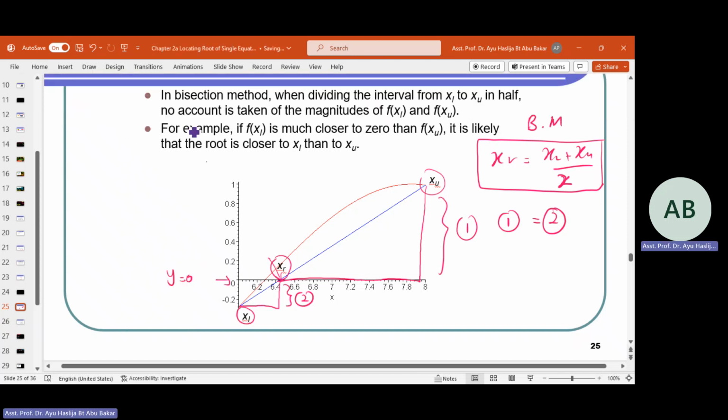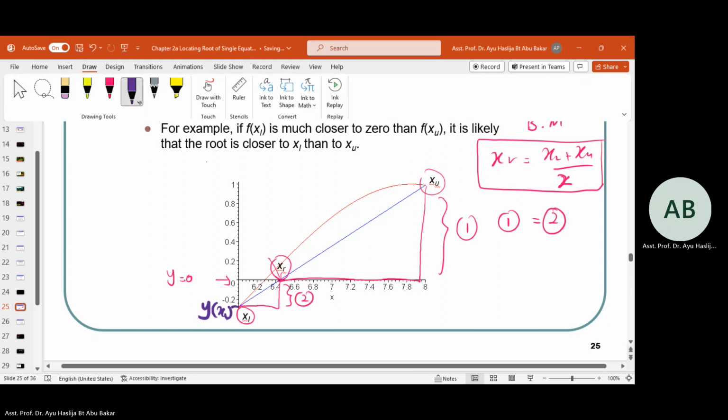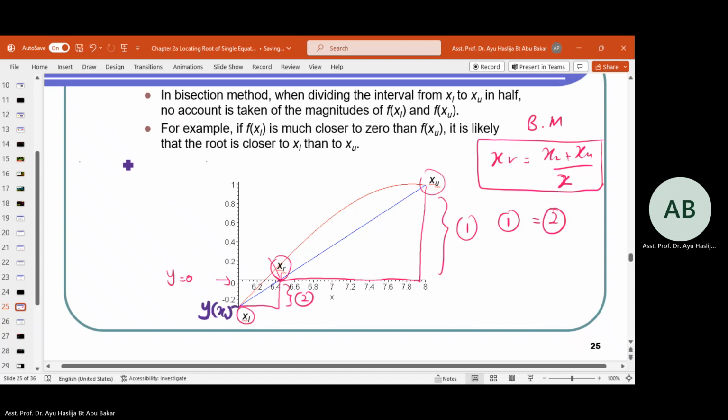Okay, so at XL, we have Y of XL. At XR, we have Y of XR, which is 0. At XU, we have Y of XU.